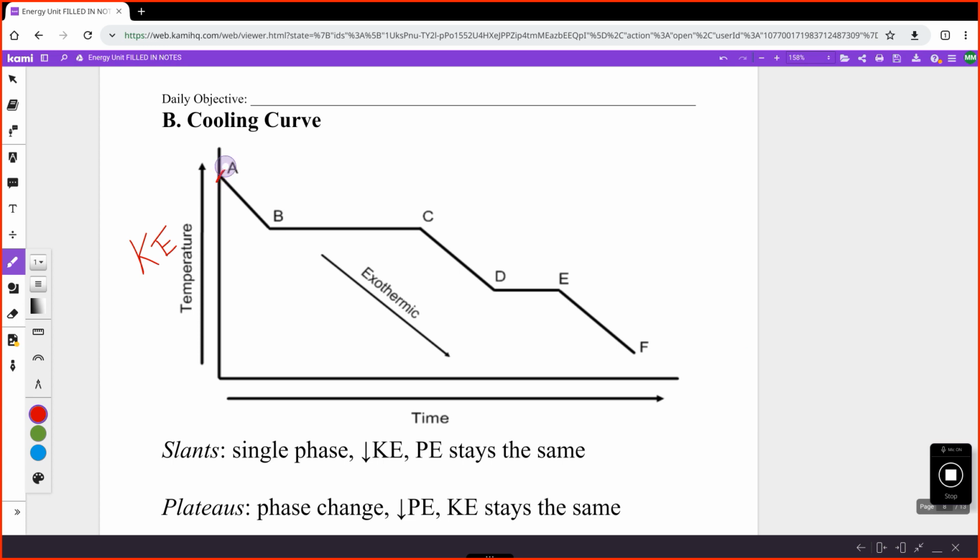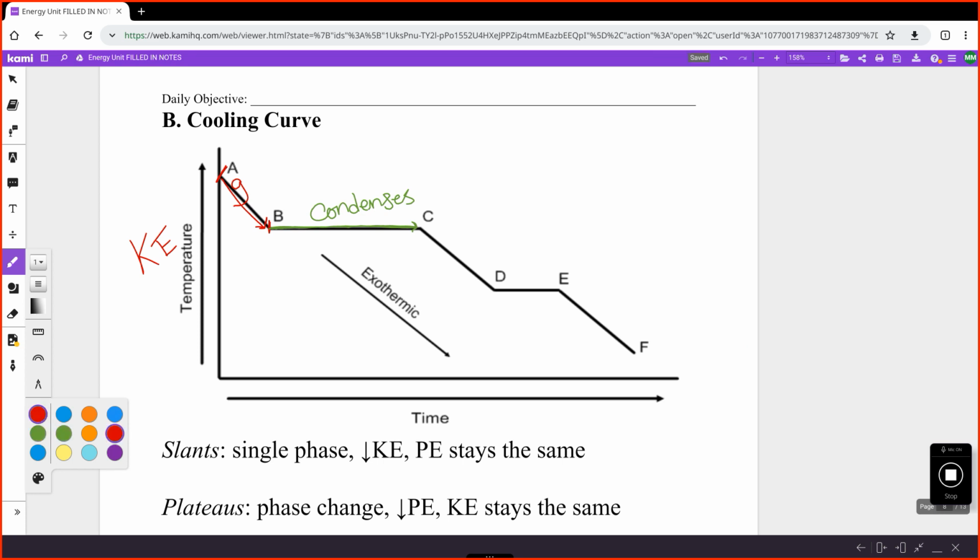And that means at the beginning of the curve, our hottest, most energized phase of matter, we start with a gas. This gas cools all the way down, losing energy as it goes, until it finally reaches a point where it stops cooling off. And all of that energy that's being released is starting to help the molecules get closer and closer together as it condenses.